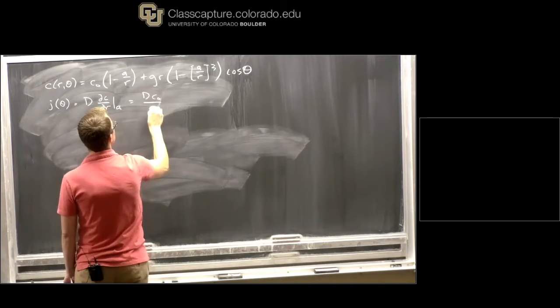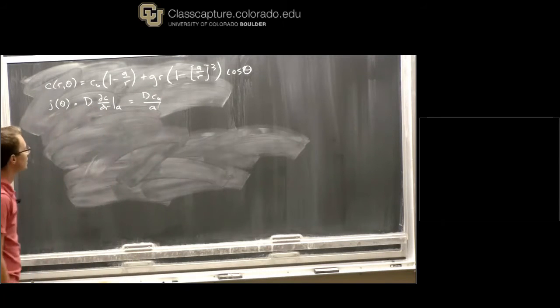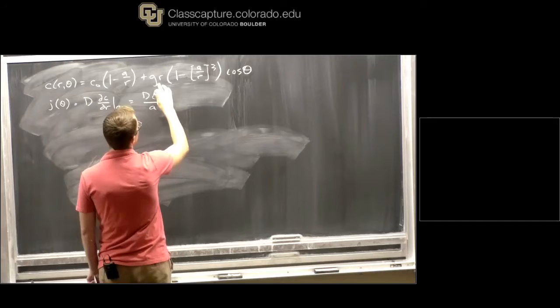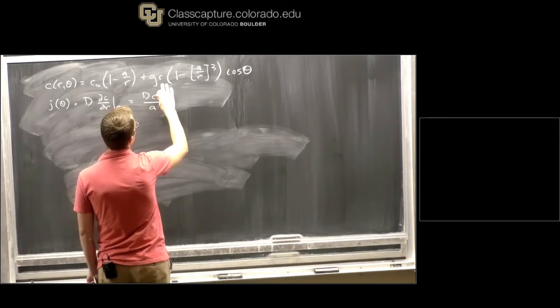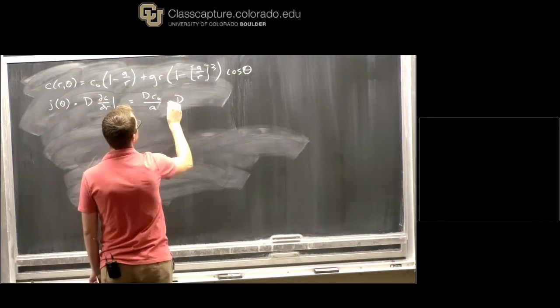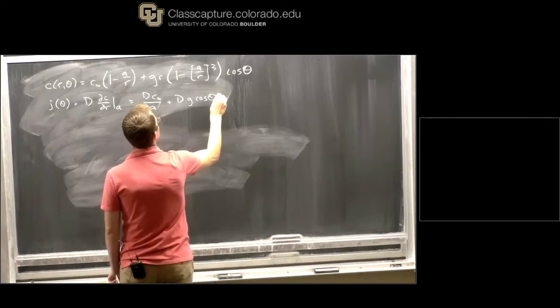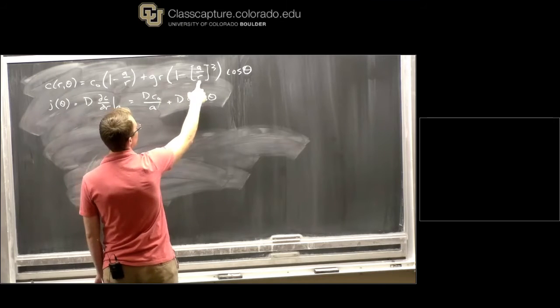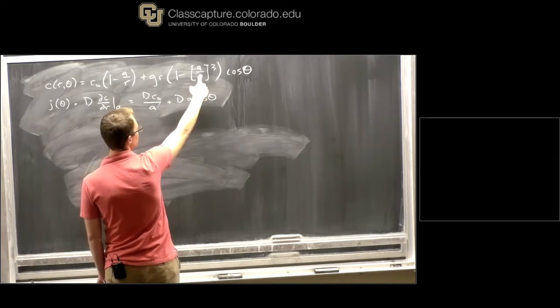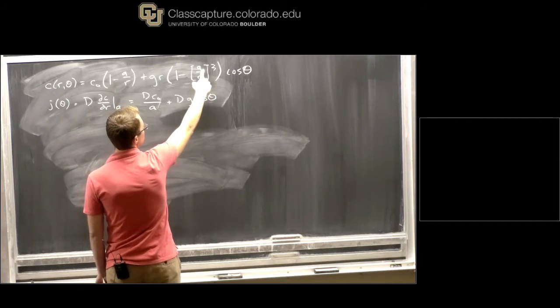So this first term gives me D c naught over a. Second term, I get a D, and I get a G cosine theta from here. I can put this r in. I get a minus r squared on the bottom. I take a derivative. I get a plus r cubed. That kills the a cubed.